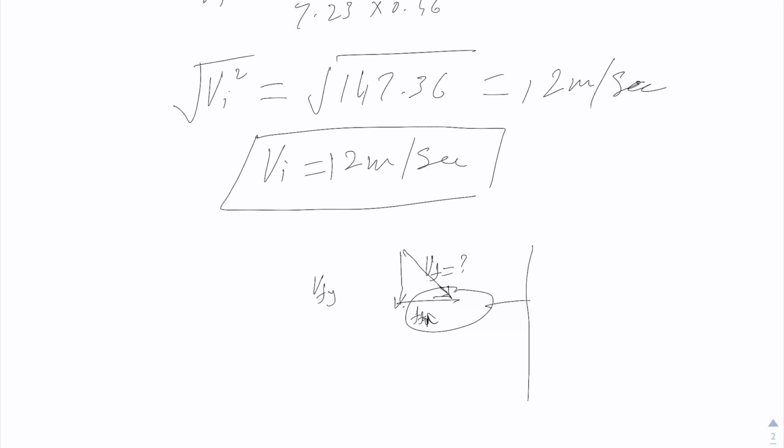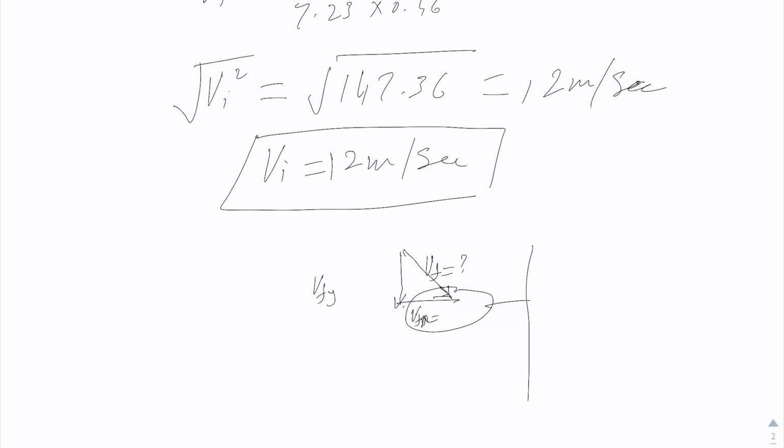So if we know the x component of the initial velocity, it will be the same for the x component of the final velocity. So Vfx will be the same as what we have for the initial velocity.